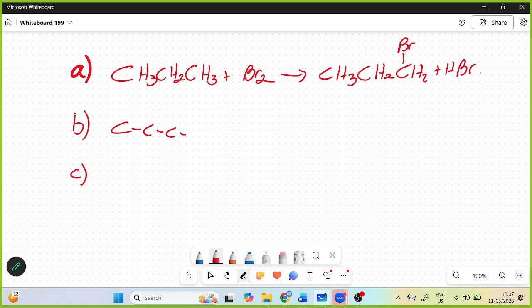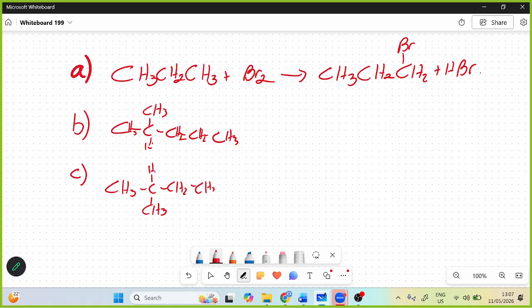So pentane, methylpentane, for both, plus O2. So for the first one, it's going to be simple.